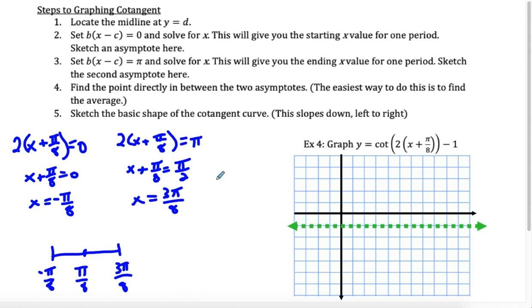So we're going from negative pi over 8, pi over 8, and 3 pi over 8. Sketch in my asymptotes.